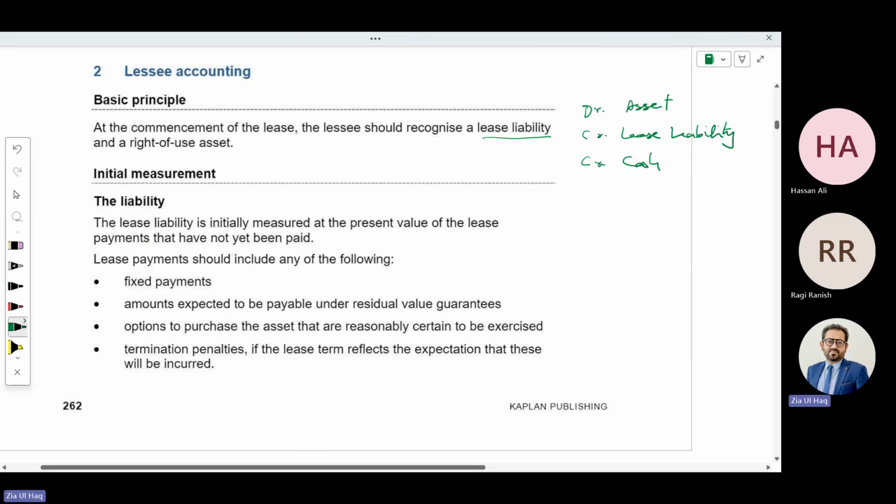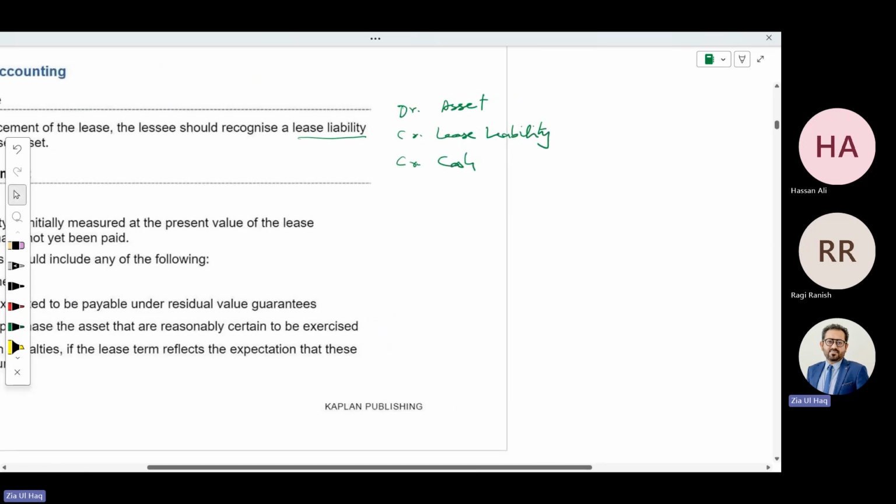If you haven't paid anything in advance, so the accounting entry will be asset, debit, lease liability, credit. Is it fine? Mean you have paid 100,000 in advance, remaining in 900,000 you need to pay in future. So the asset will be debited with 1 million. Lease liability, the remaining amount that you need to pay 900,000, and cash 100,000 that you have paid in advance.